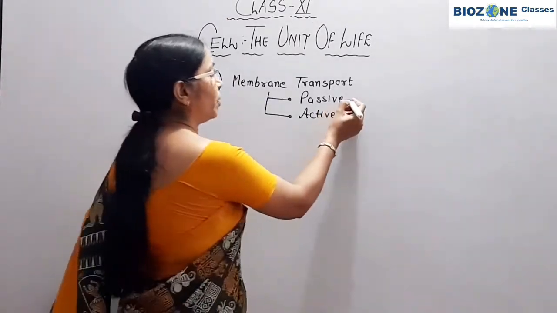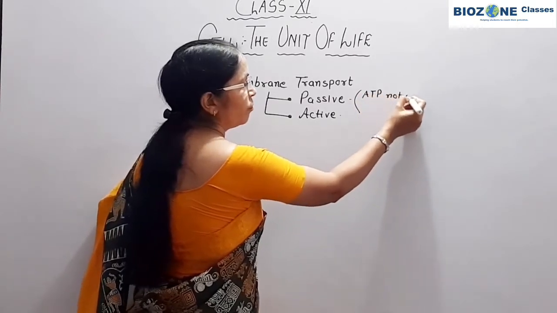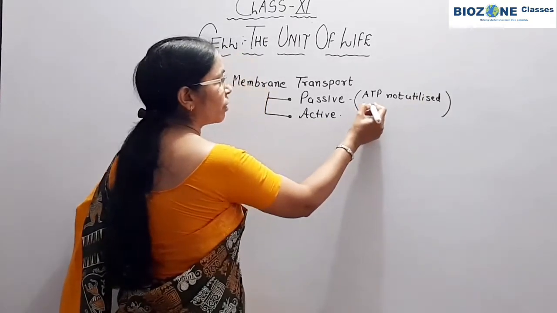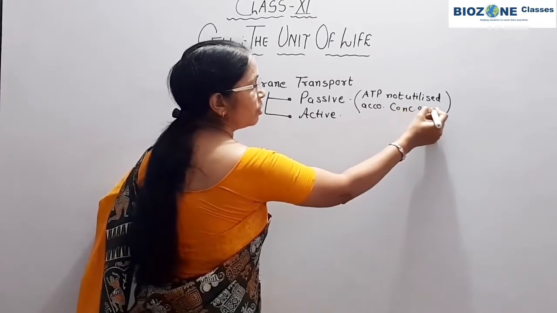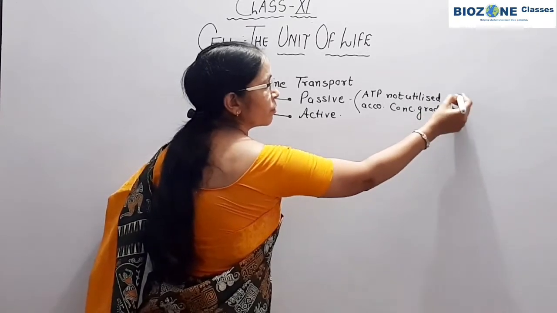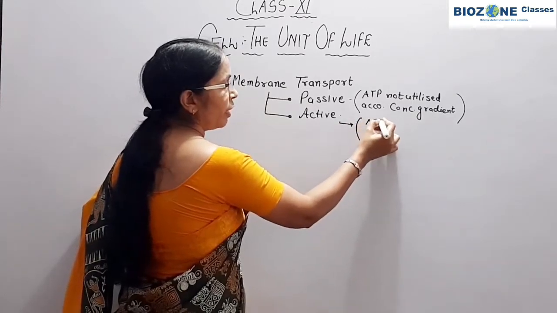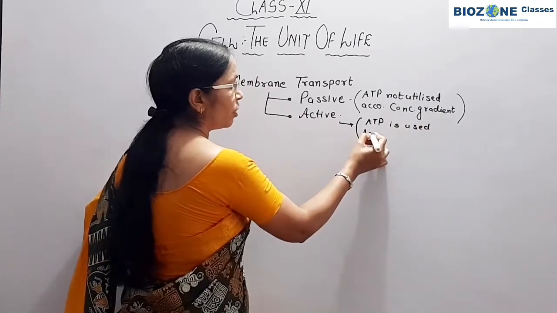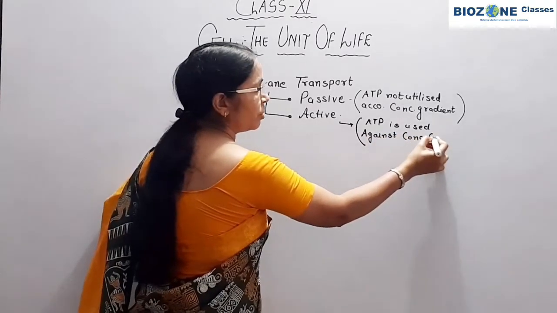Whereas in active transport, ATP, the metabolic energy, is used, and generally these transports take place against the concentration gradient.